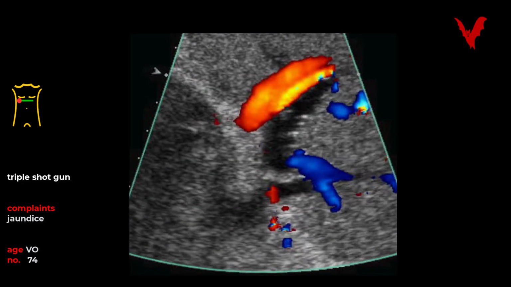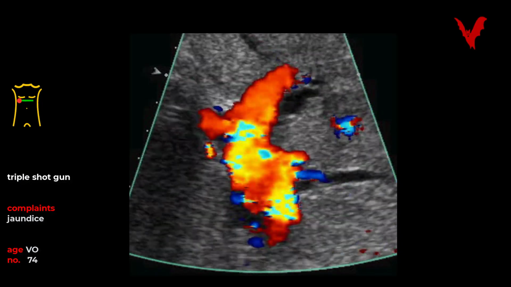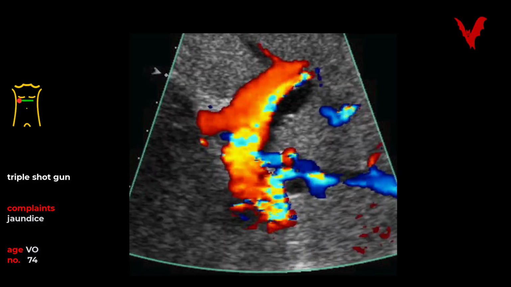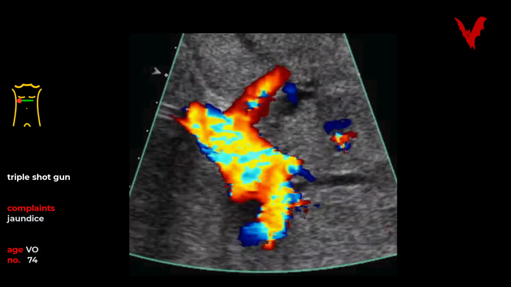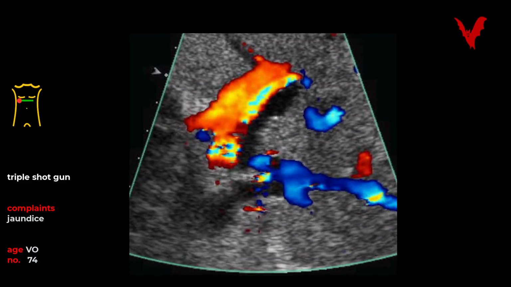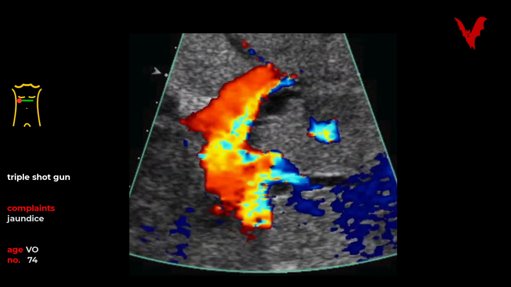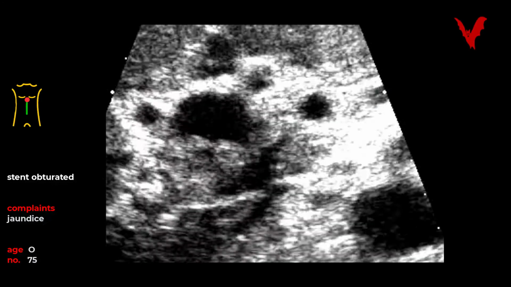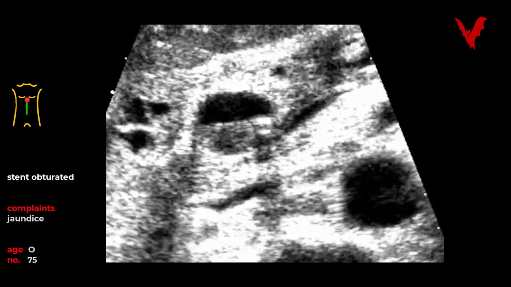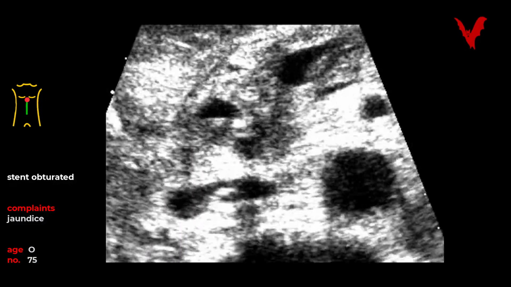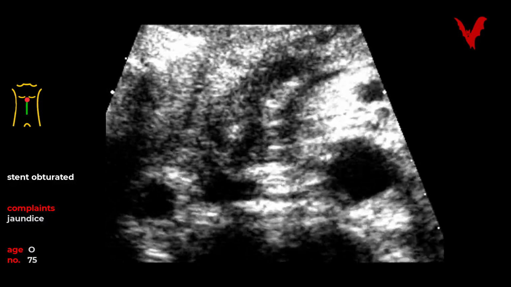In figure 74, it is so to say a triple shotgun mimicked with acoustic mini windows for artery and bile duct branches. In figure 75, sludge surrounds the obturated biliary stent.